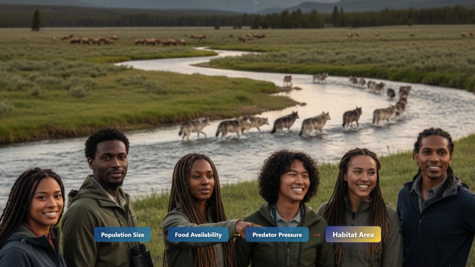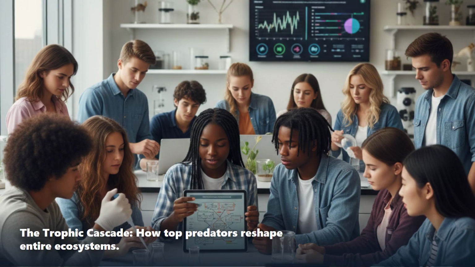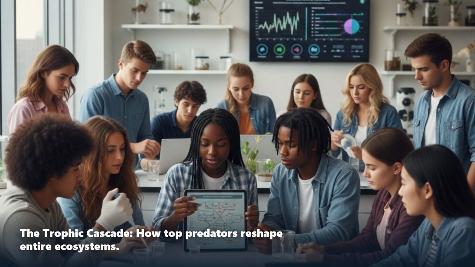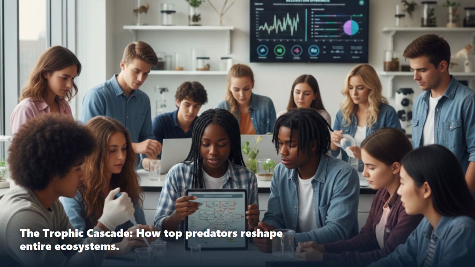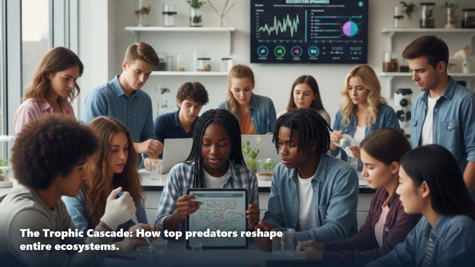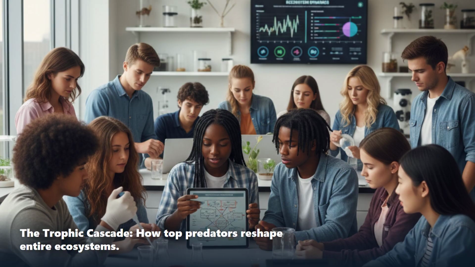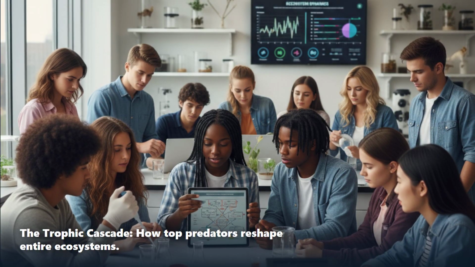When wolves returned, elk changed their grazing habits, avoiding vulnerable areas. This allowed vegetation to recover, stabilizing riverbanks and creating new habitats, ultimately raising the ecosystem's carrying capacity for many species. It shows how top predators influence not just prey numbers, but entire landscapes.